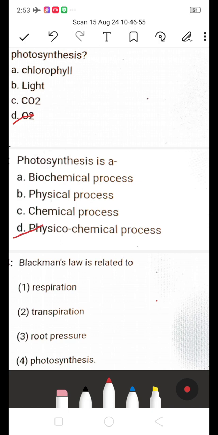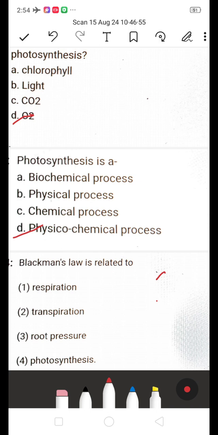Physical means plants use chlorophyll pigments to absorb light from the sunlight. So that is a physical process, whereas in the chemical process, the light energy is used to produce complex organic compounds such as glucose. So this is the right answer, D, physico-chemical process.